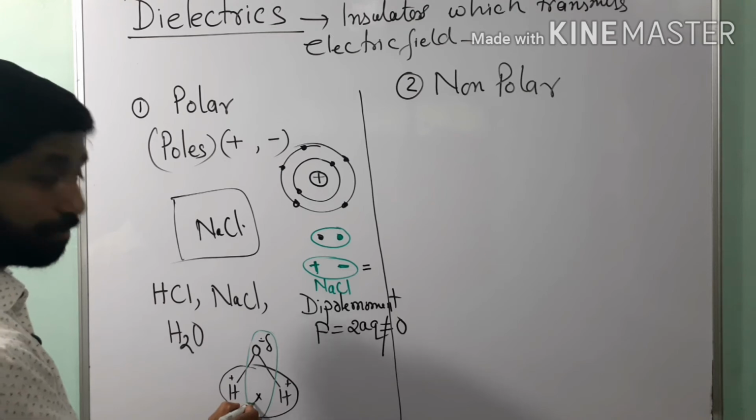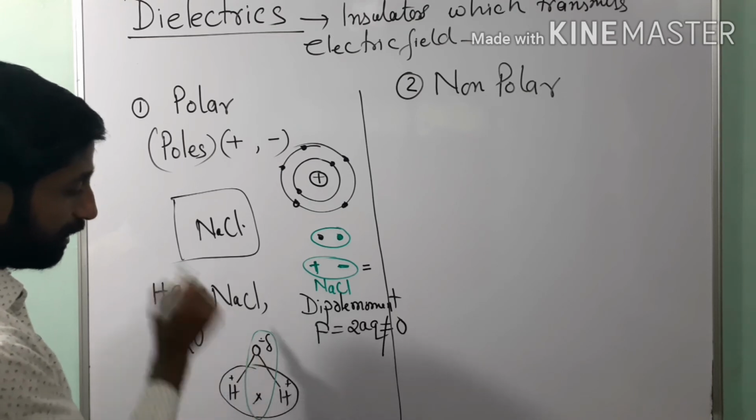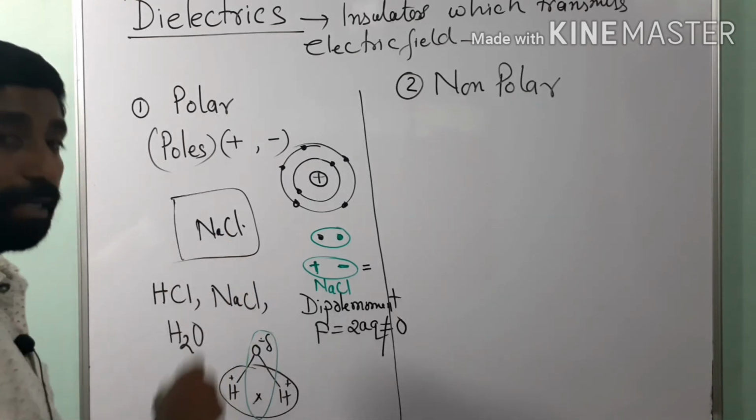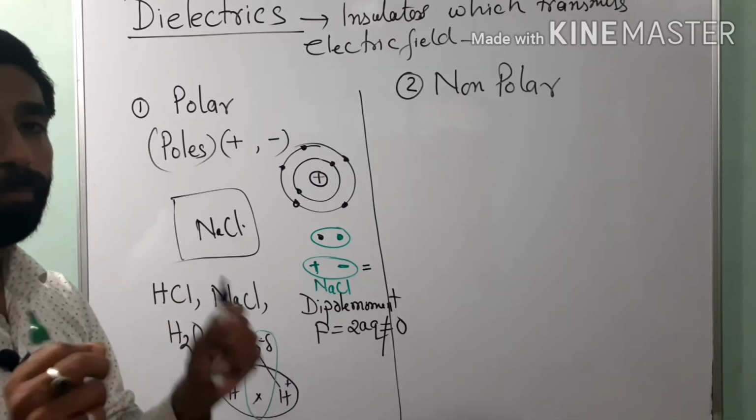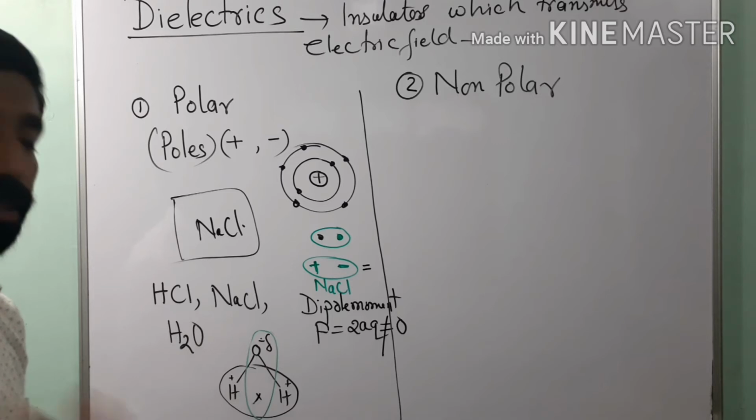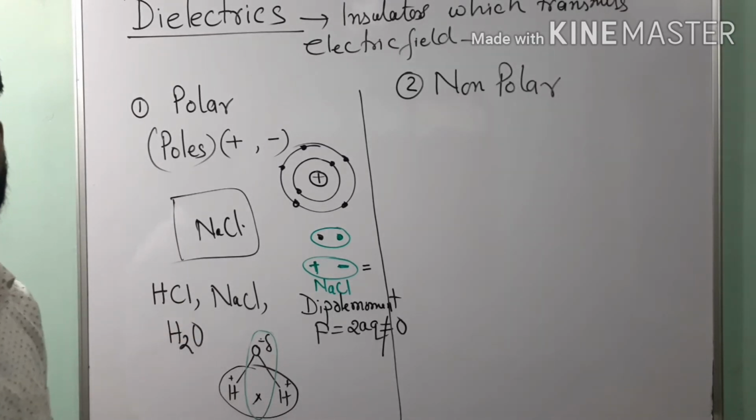So this is the positive center and that is the negative center. So they are forming a dipole. So H2O is a dipole molecule. These are the commonly taught polar molecules which have a non-zero dipole moment.